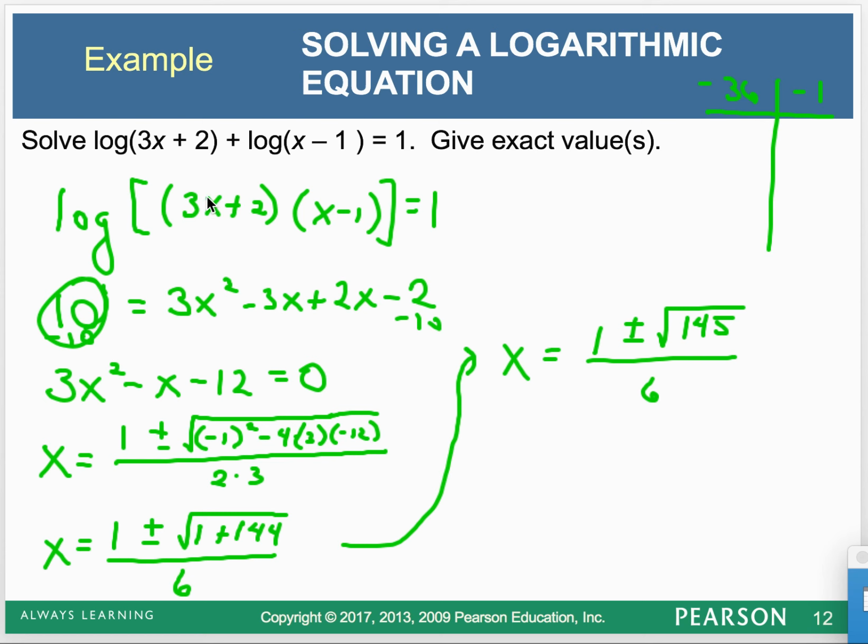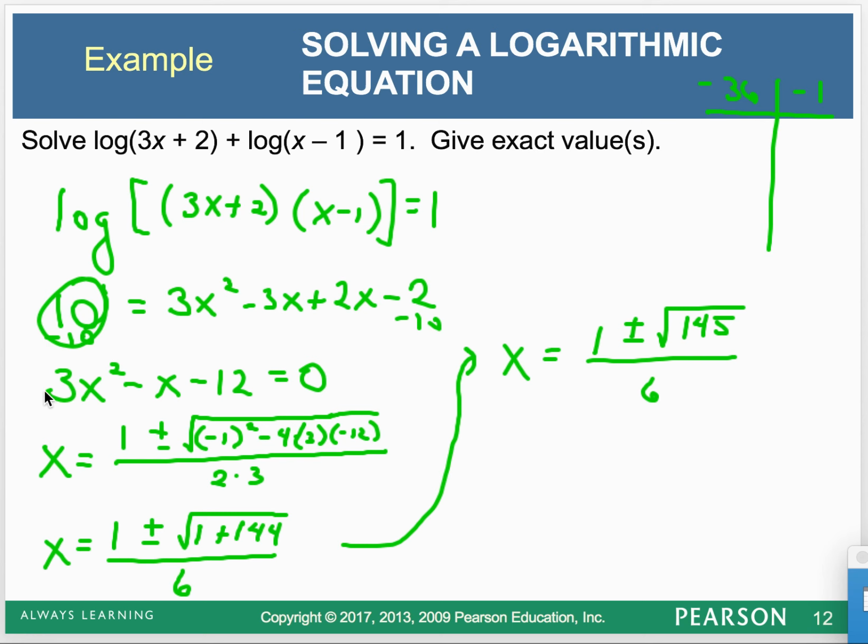3x squared minus 3x plus 2x minus 2. So that is a minus there. 10 to the 1. 10. So negative 12.